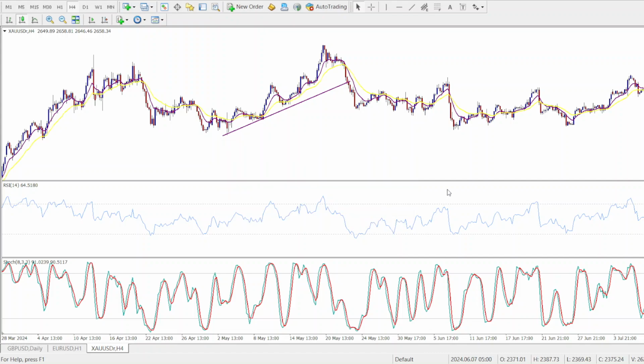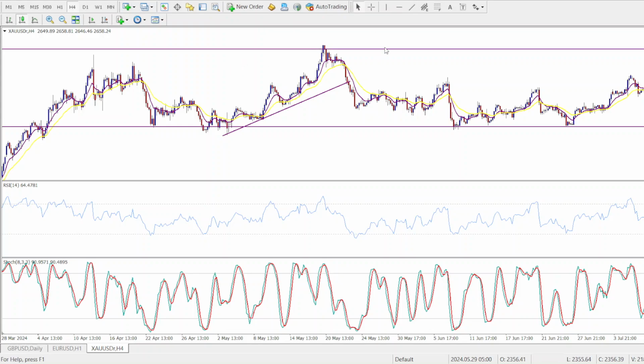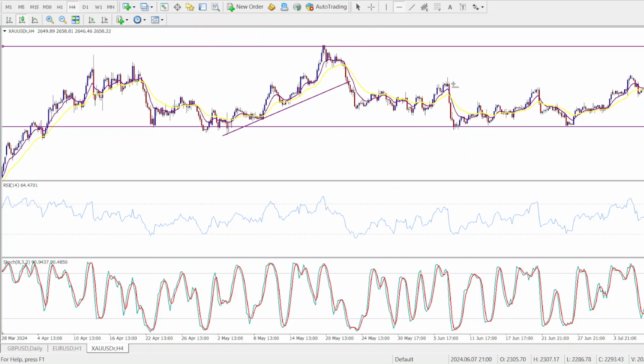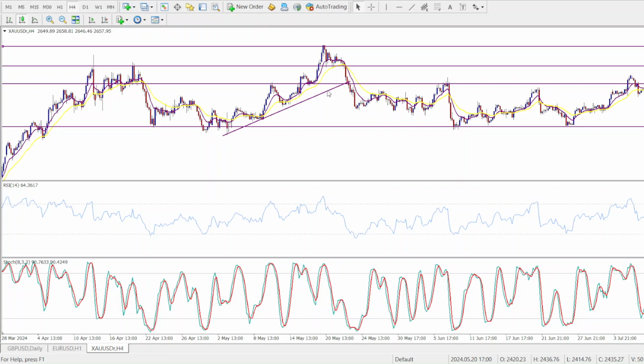Okay, now let's work with these. Now, in terms of confluence, let's also set support and resistance levels, because we're also going to be using that. We're dealing with confluence, okay? The chart might look clustered, but it's just because of confluence, right?